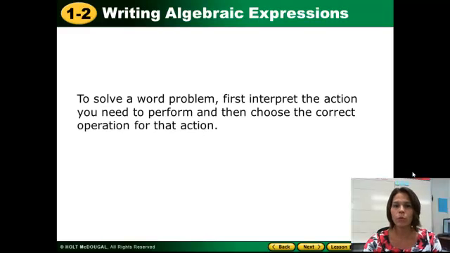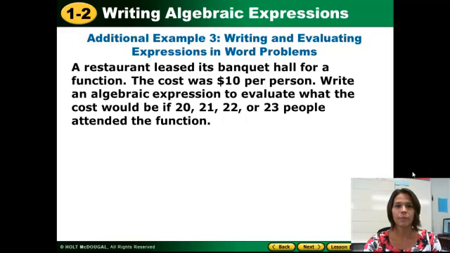Okay, finally, word problems. First, interpret the action you need to perform and then choose the correct operation for that action. A restaurant leased its banquet hall for a function. The cost was $10 per person. Write an algebraic expression to evaluate what the cost would be if 20, 21, 22, or 23 people attended the function. I have 4 problems to solve here.